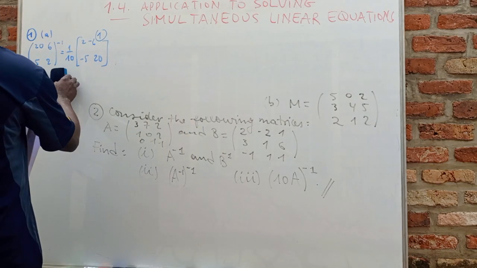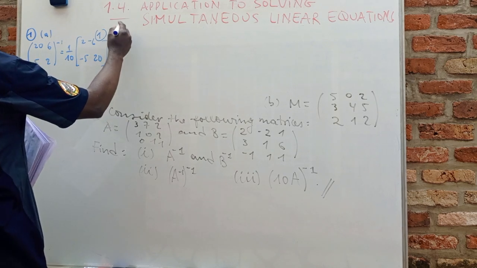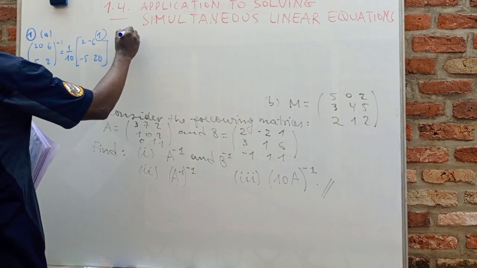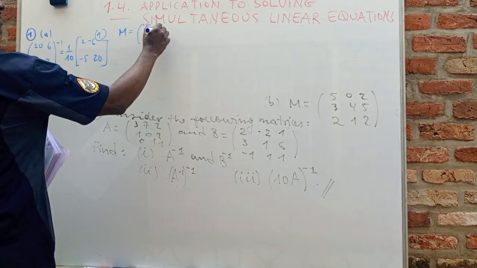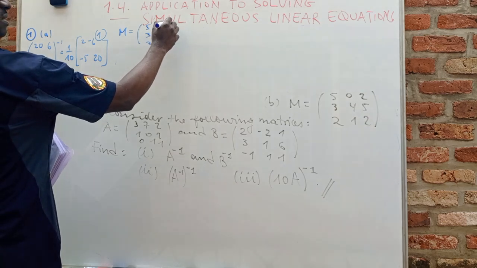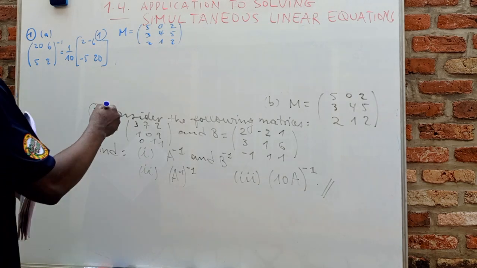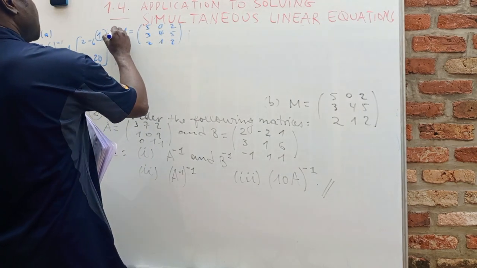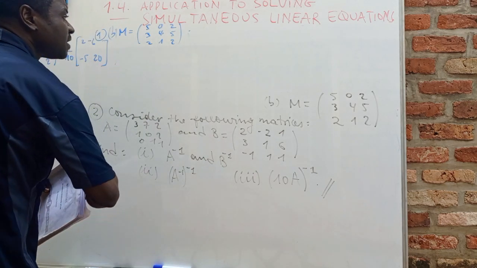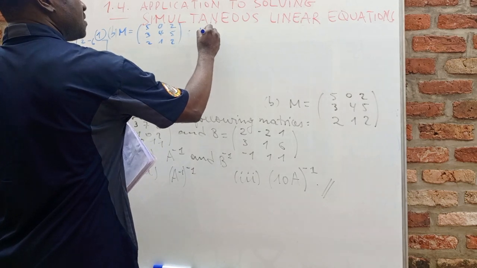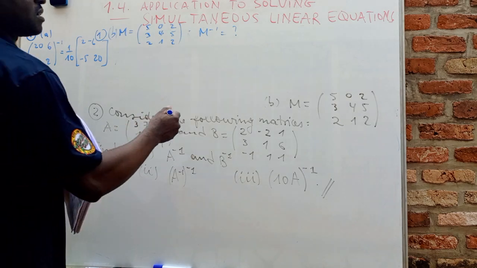Let me just rewrite this matrix M. This is 5, 3, 2, 0, 4, 1, 2, 5, 2. Suppose the question in sub-question B is to find the inverse of this matrix.